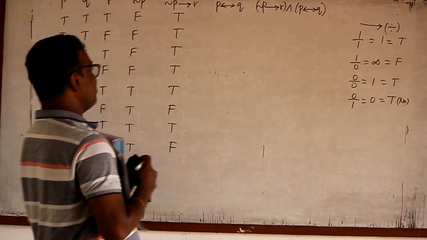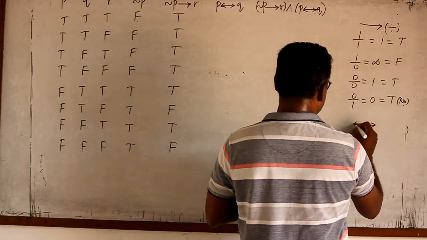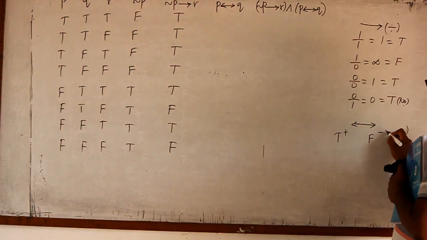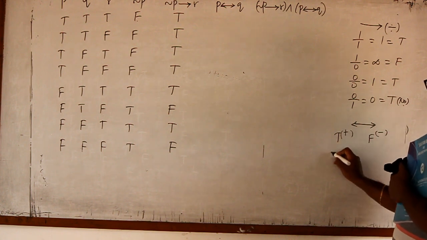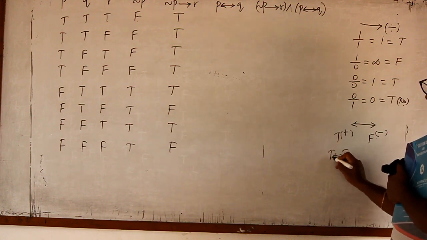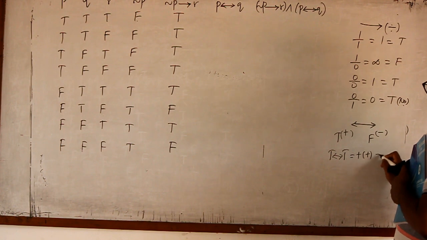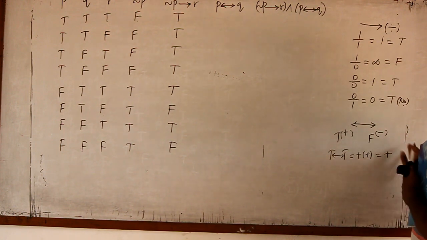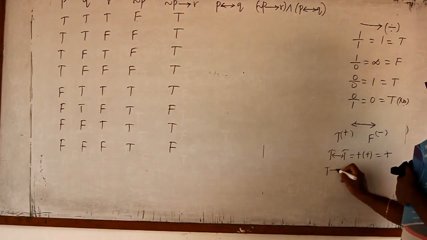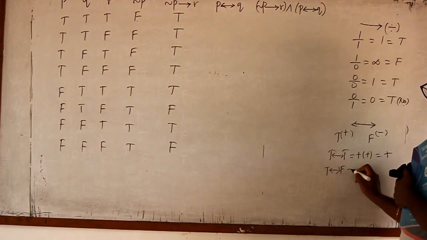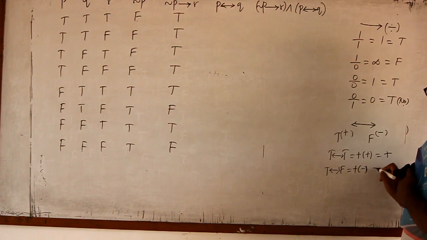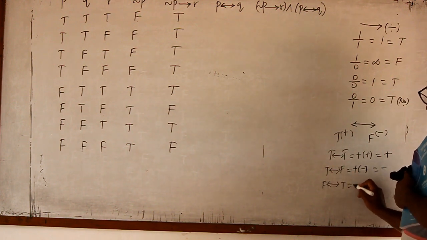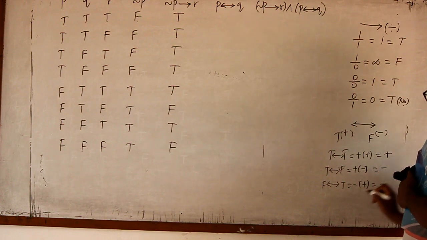Understand? Now, if and only if means go for some other thing. Take T as plus, F as minus. So, T into T, if and only if means plus into plus, so plus. Understanding? If and only if means I must consider plus and minus. T to false, that is plus into minus, it is minus. False if and only if true, minus into plus, so minus.